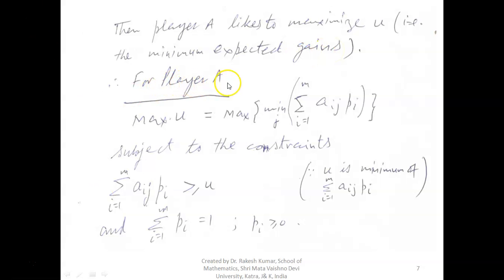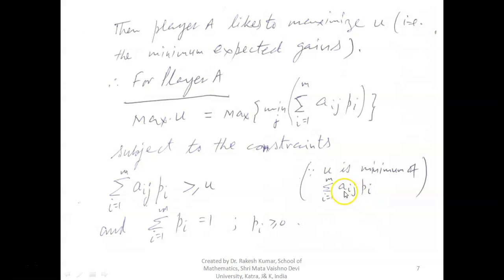So for player A, the problem can be written as a linear programming problem like this, with the objective function maximize U, that is, maximize whatever we have written earlier, the minimum over j of summation i from 1 to m aij pi, subject to the constraints. Now what are the constraints?